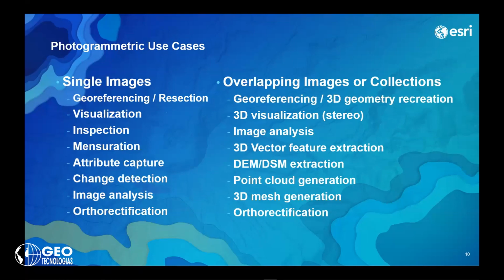The other type requires much larger collections of overlapping images, and these are normally intended to create 3D products. So to permit stereo viewing, to create elevation models from overlapping stereo images, to provide for 3D object creation, DEM, DSM, point clouds, meshes.